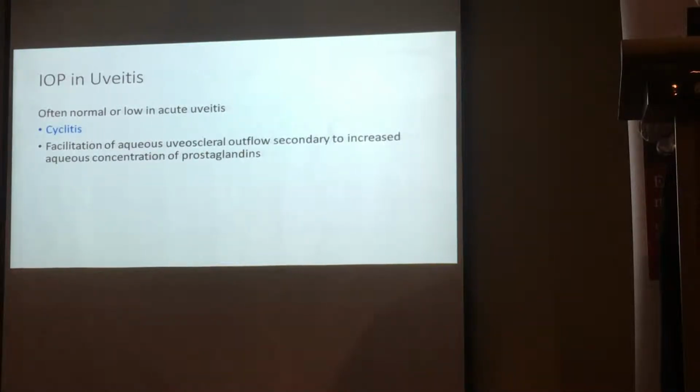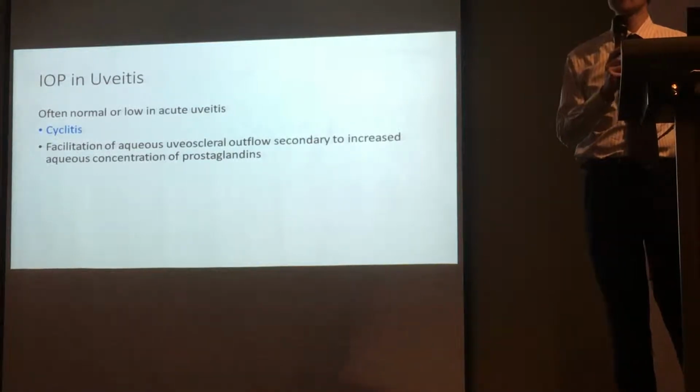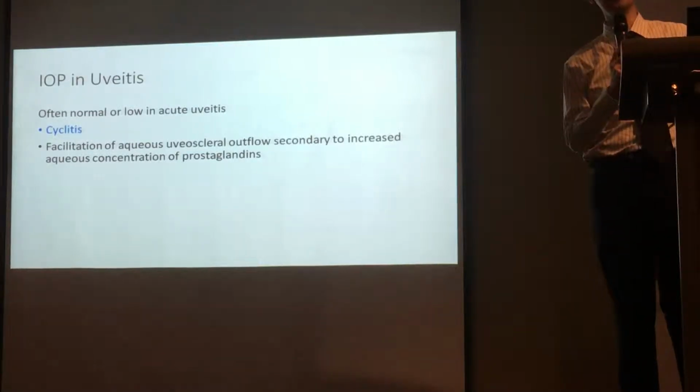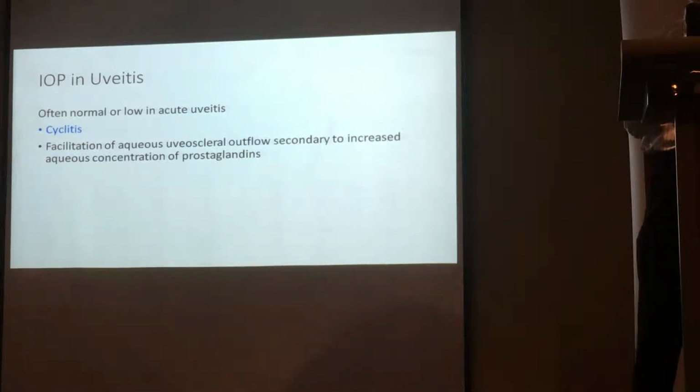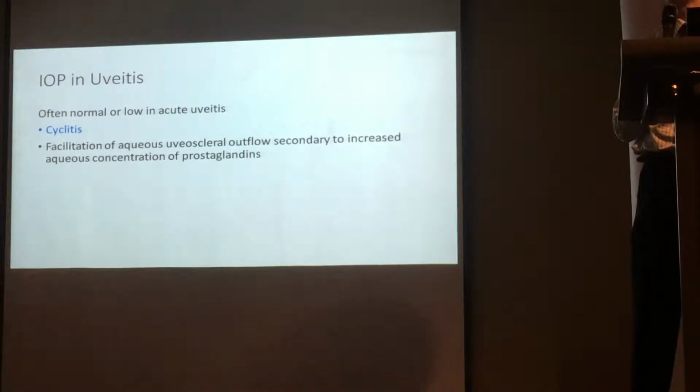There could also be greater outflow of aqueous through the uveoscleral outflow pathways, because of more prostaglandins being secreted into the eye. Some of these prostaglandins secreted as part of the inflammatory process actually help to improve your outflow.